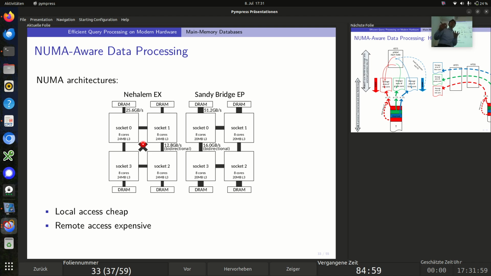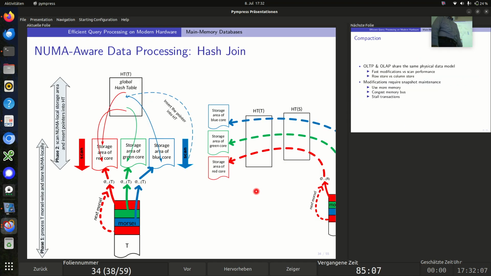But if you have a server that follows the NUMA architecture, you should be aware of that. Therefore, you have again your morsels, and you can only process as many morsels as fit onto one NUMA node, one NUMA socket.